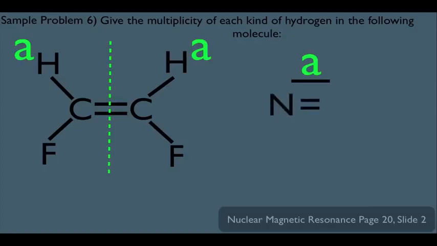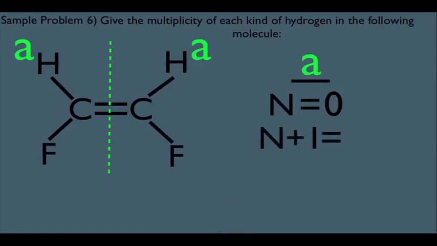Well, remember, no matter which A hydrogen you investigate, he doesn't have any neighboring hydrogens that are different from him, so his N value equals 0. Or again, remember, you can't be split by your equivalent, so that means that in the N plus 1 rule here, we're going to get a value of 1, which means we should expect to see a singlet. So here's another example of not being split by your equivalent.